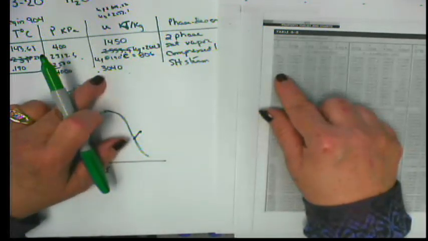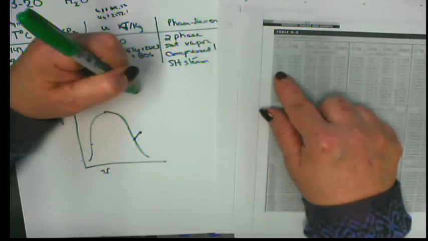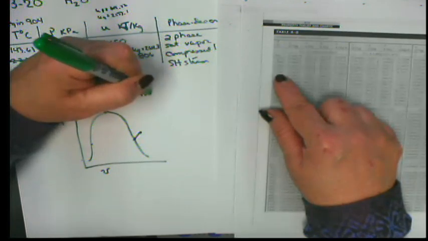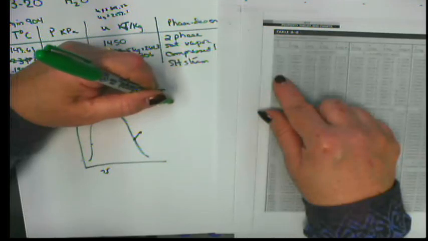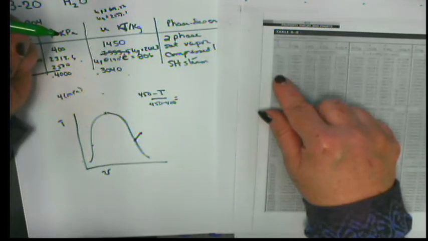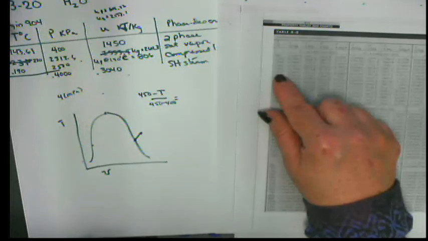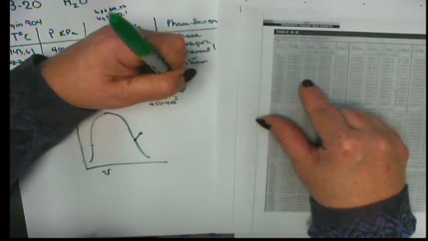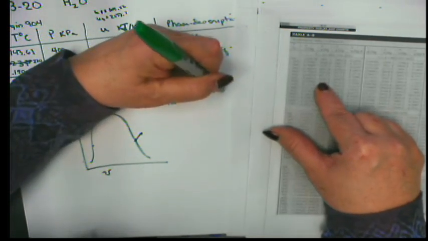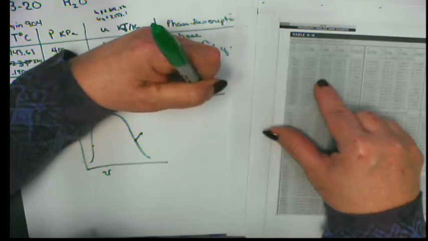Now, we could interpolate, meaning we could set up a ratio, and we could say 450 minus the temperature over 450 minus 400. In other words, we're assuming a linear relationship. Then we would take our high U value, 3100, minus our U value, which is 3040, and put it over the entire span, the 3100 minus 3011. Okay, and we could solve this proportion for T.